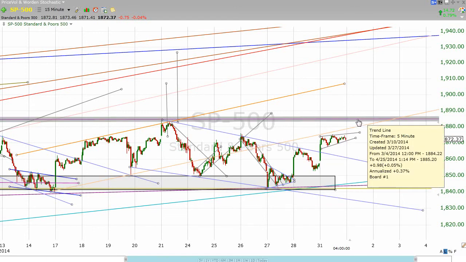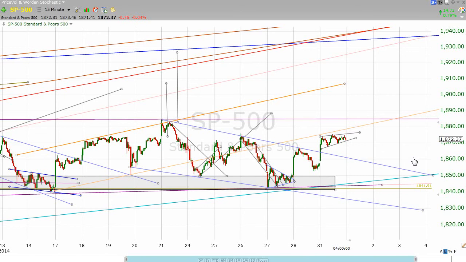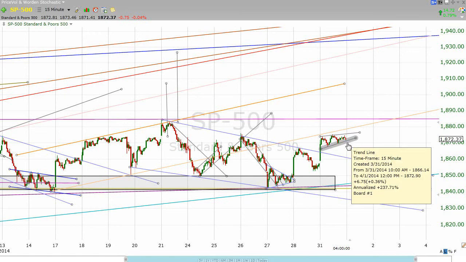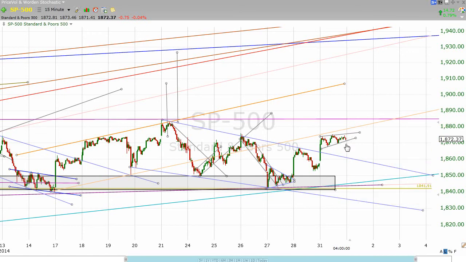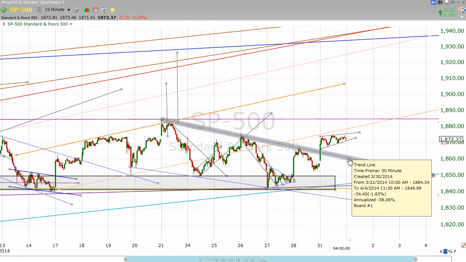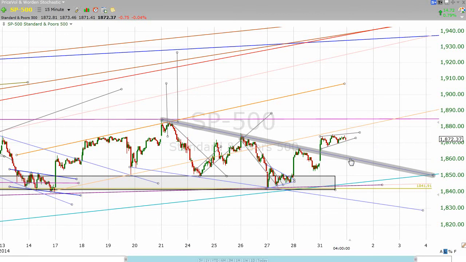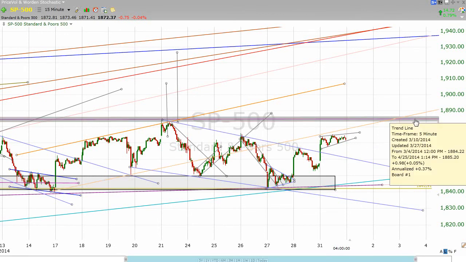That could very well be what we see happen. But the other possible outcome is that before we get to this line, we pull back and back test this descending trend line right here. Either way, I think we likely get up to 1883 for another test of that area.